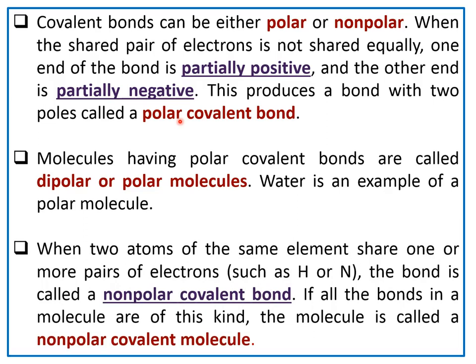In any diatomic molecules of the same atom, the bond between the atoms is non-polar. There's no preference for any atom to attract the shared electrons more than the other one, so the bond is non-polar. So a covalent bond can be classified as a polar bond or a non-polar bond.